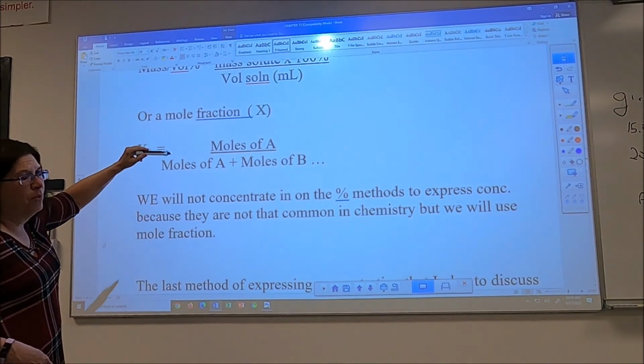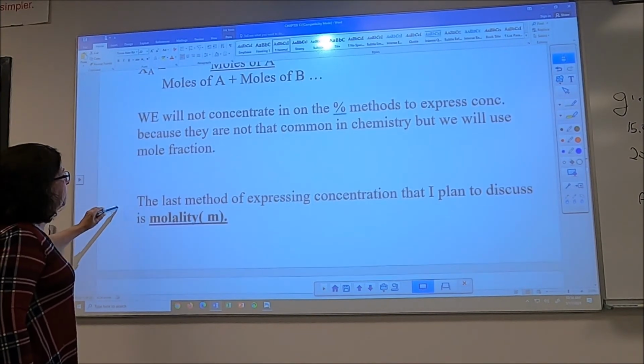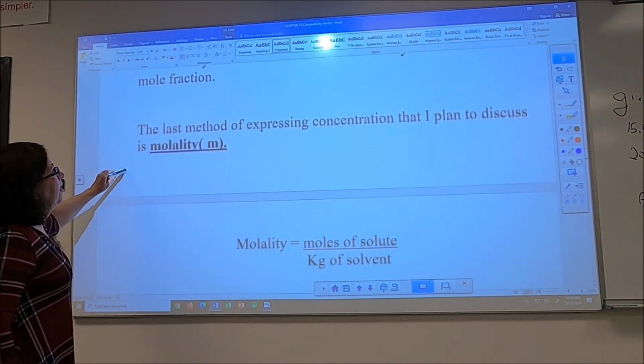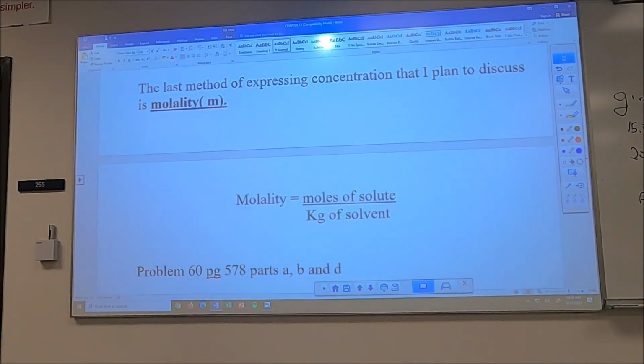But this is such a simple calculation, I'm not going to bore you with it. Okay? Now, the last way to express concentration that we're going to talk about and we're going to work with is molality. Molality is important because molality is moles of solute over kilograms of solvent.